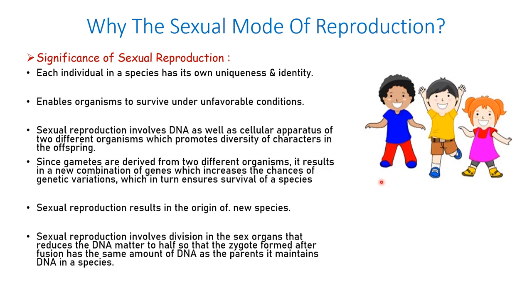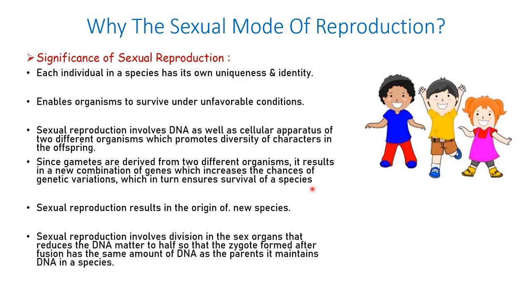Okay, so in sexual reproduction, DNA is involved, right? And we can see the variations. But if the variation is drastic, then definitely that organism won't survive or that cell won't survive. So there are drawbacks also in sexual reproduction, right? But these variations are very important for the survival of the species.